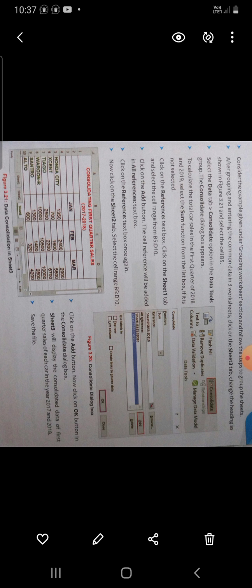The sale of Honda City in the month of January is 450, and now see Figure 3.19. The sale of Honda City in the month of January is 900. Both these sales are added and displayed in the separate sheet, that is 1350, and so on. So Figure 3.21 depicts the consolidated data. This is how consolidated data works.